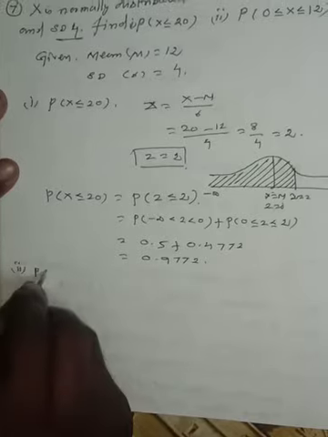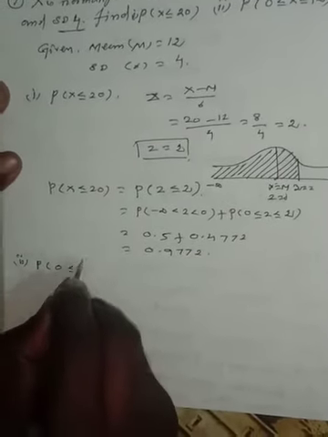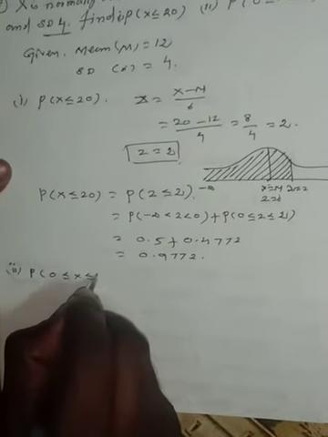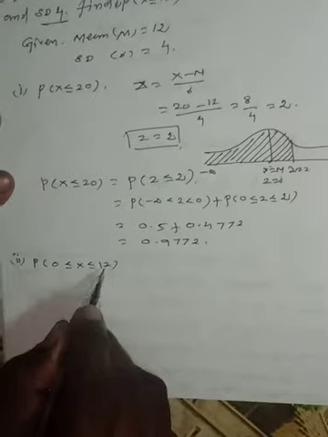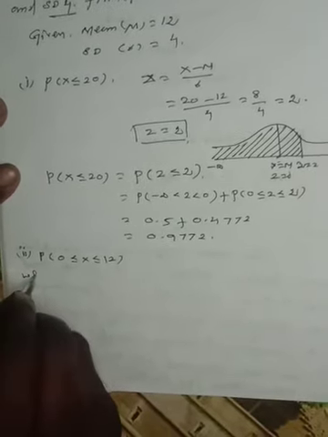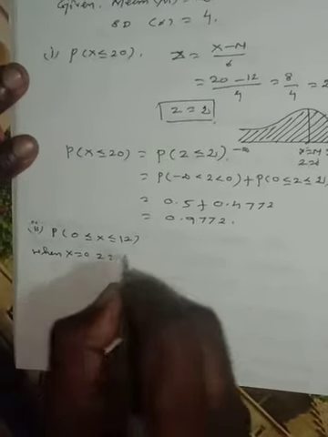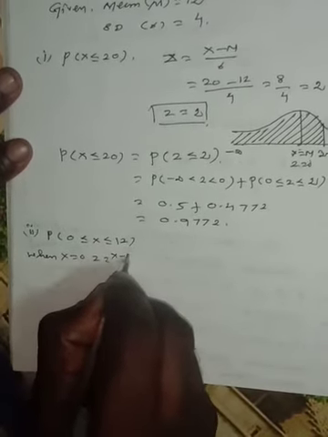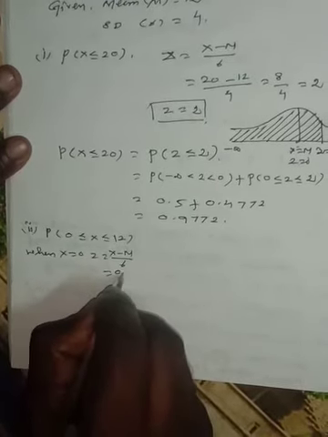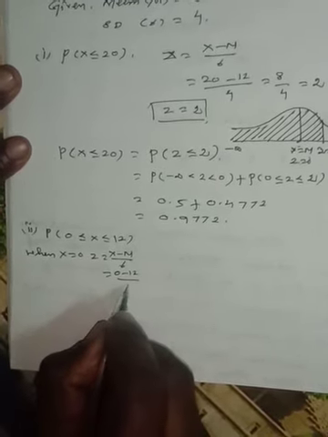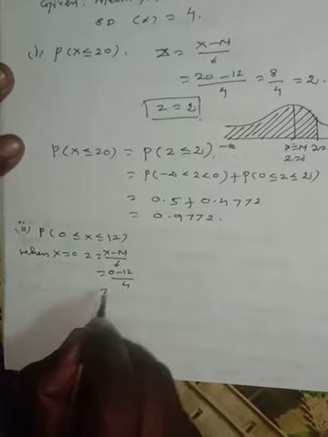Next, question number 2. Probability of 0 is less than or equal to x less than or equal to 12. When x is equal to 0, z is equal to x minus mu divided by sigma, which is 0 minus 12 divided by 4, equal to minus 12 by 4, which is minus 3.